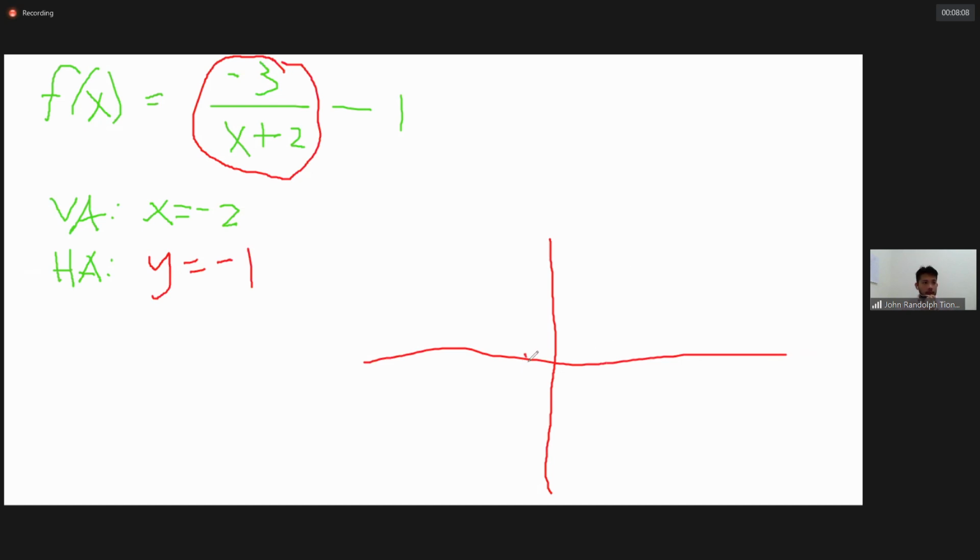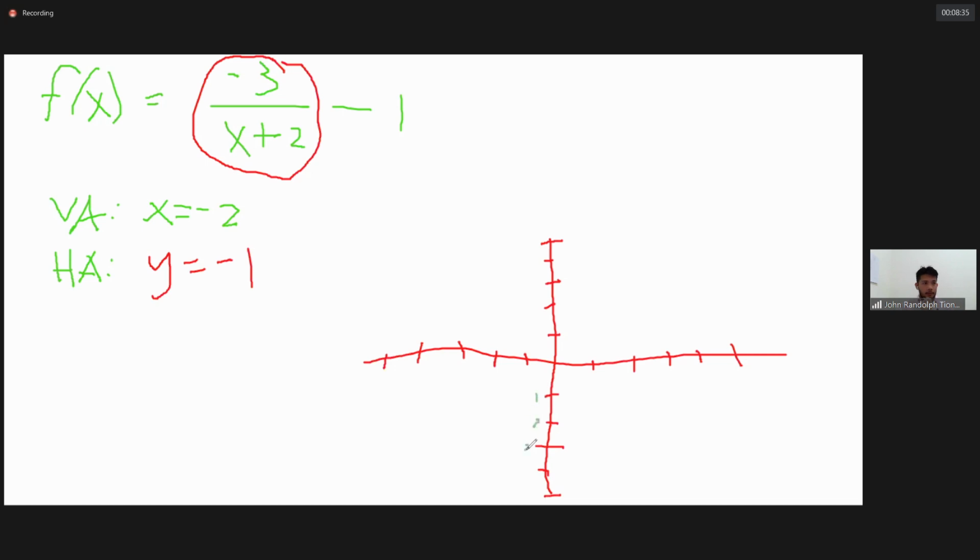Let's label. 1, 2, 3, 4, 5. Okay, let's label our graph.